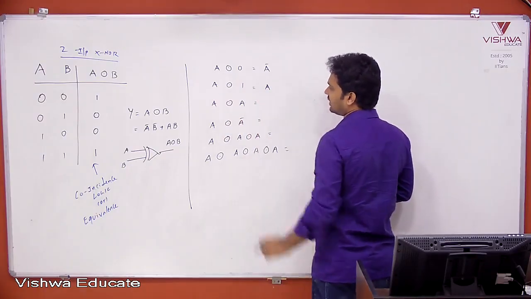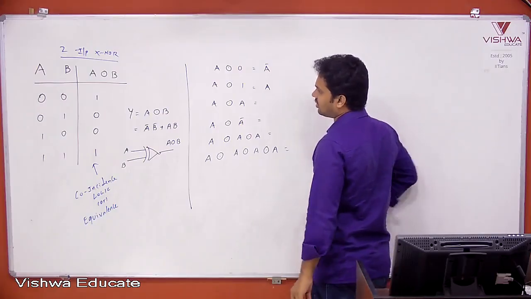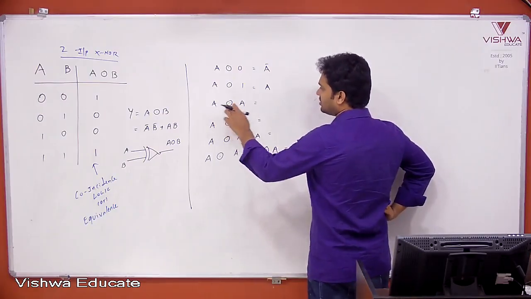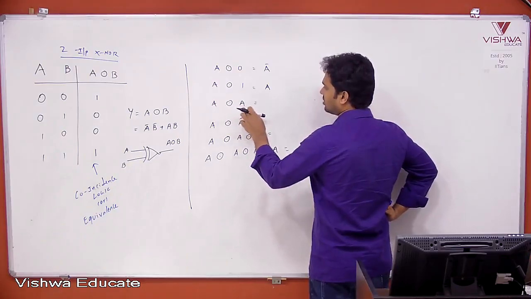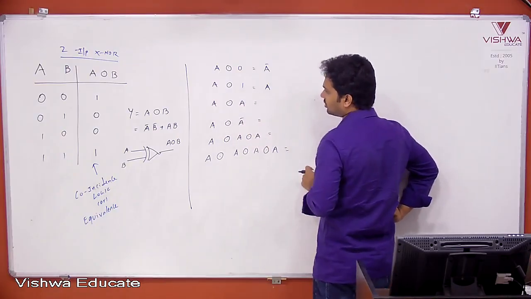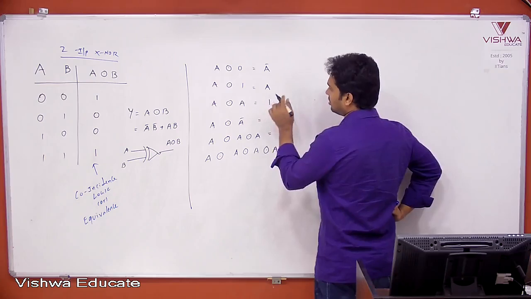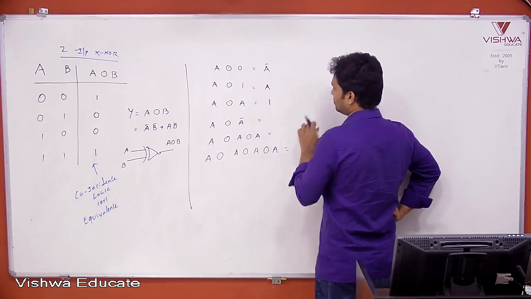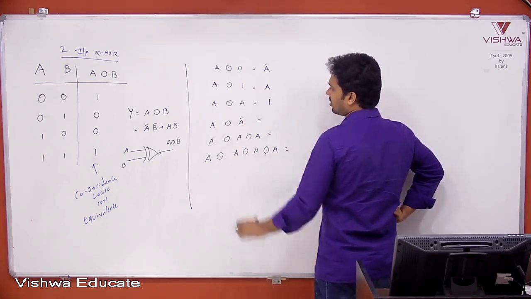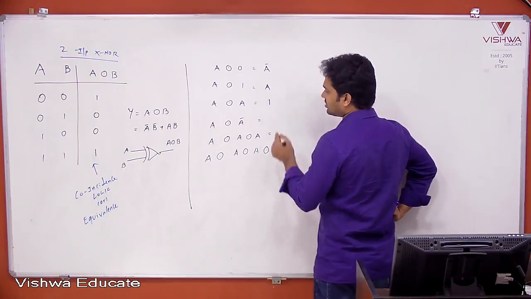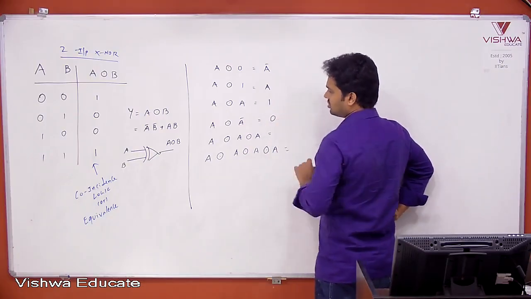A XNOR A. What is A XNOR A? A is 0, here also 0. 0 XNOR 0 or 1 XNOR 1. When both are same, what is the output? 1. When A XNOR A bar, when both are different, what is the output? 0.